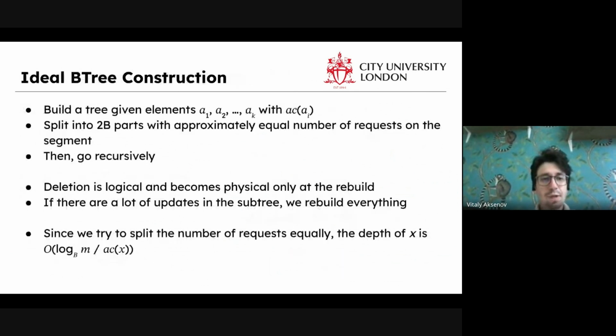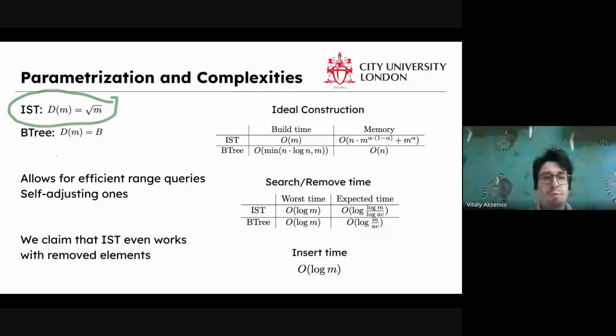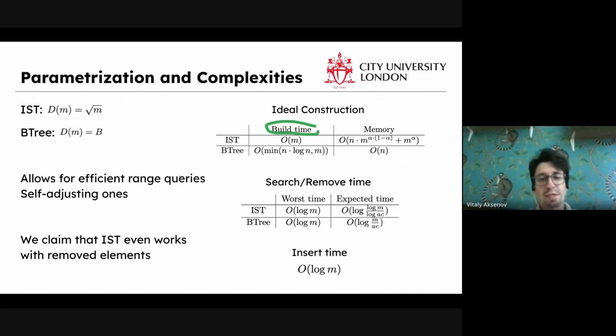For the interpolation search tree, there is nothing more complicated. I will just show you the complexities and parameterization. For IST, the parameterization is d of m equals square root of m. For the B-tree, the number of subtrees is 2B. The construction of an ideal tree has a time depending on the number of requests, which is quite fine for us because we can amortize it over the construction of the whole subtree.